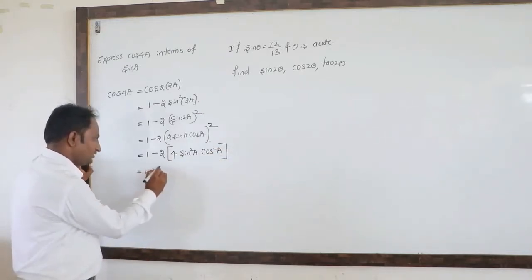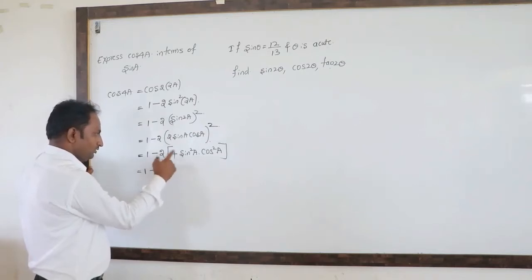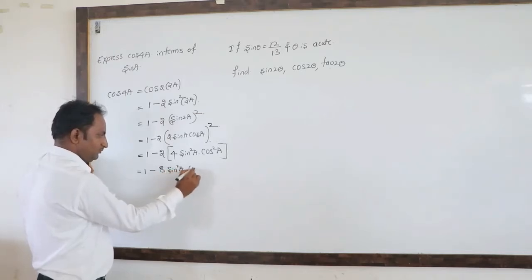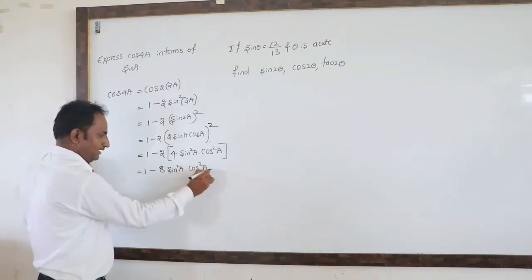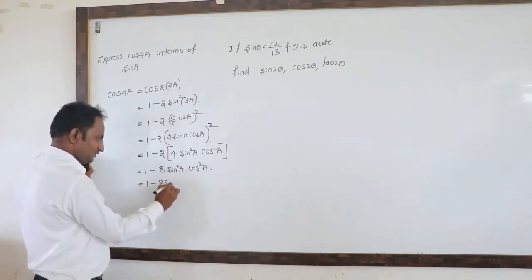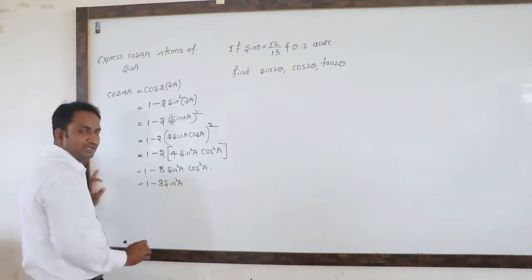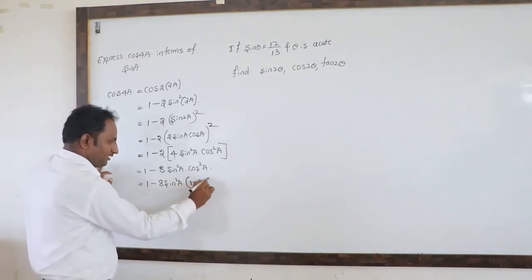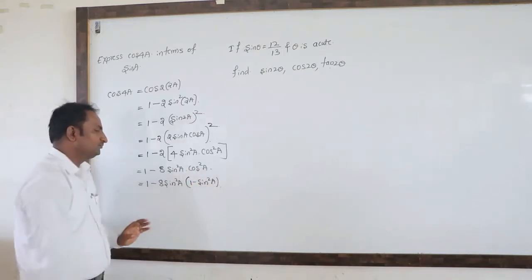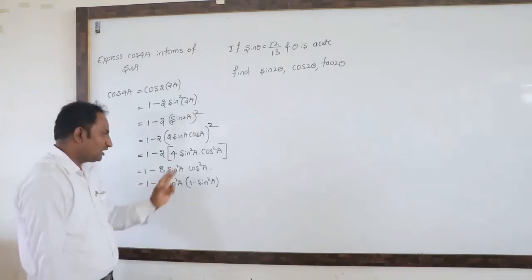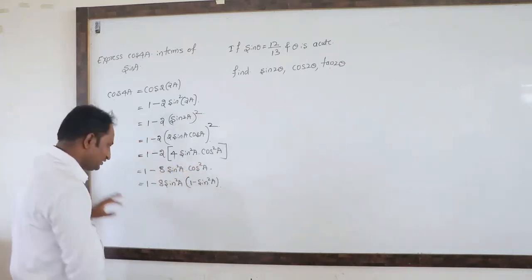Here 1 minus 2 into 4 sin square a into cos square a is equal to 1 minus 8 sin square a cos square a. Cos square a can be expressed in the form of 1 minus sin square a, because sin square a plus cos square a is equal to 1, that is cos square a is equal to 1 minus sin square a.